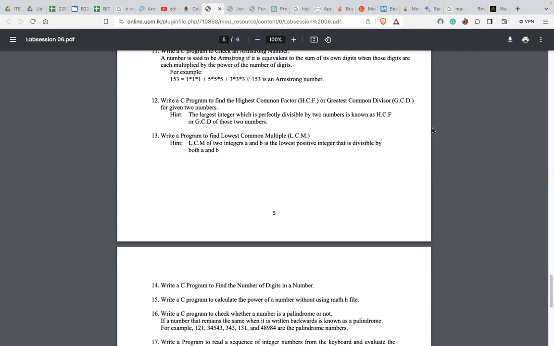Example, let's say 5 and 15. Okay, what is the least common multiple of 5 and 15? Can someone respond? 5 and 15. The least common multiple. Kuda podu gunakare.